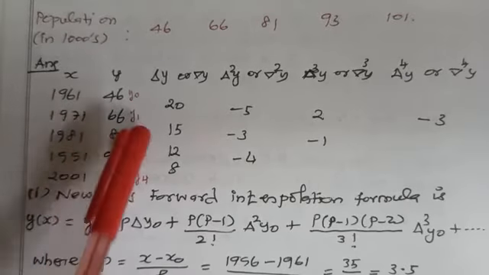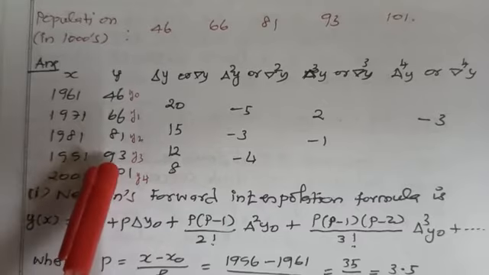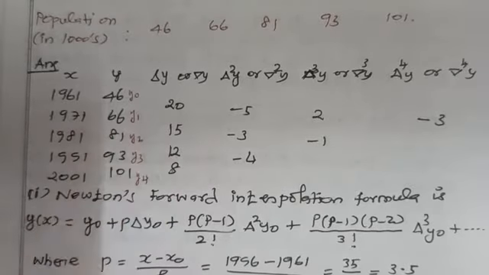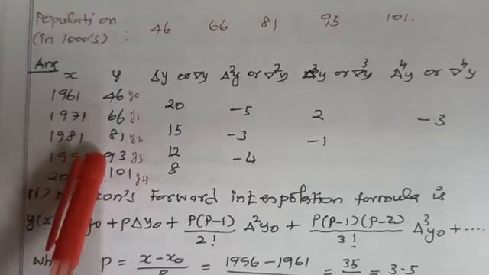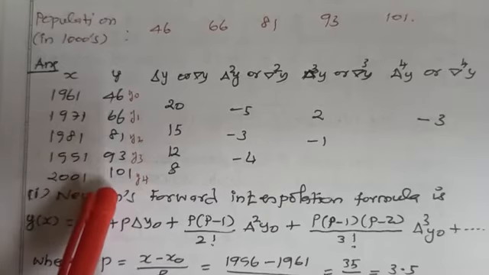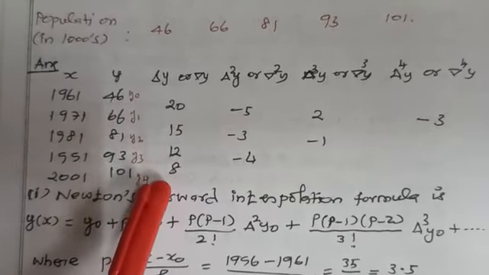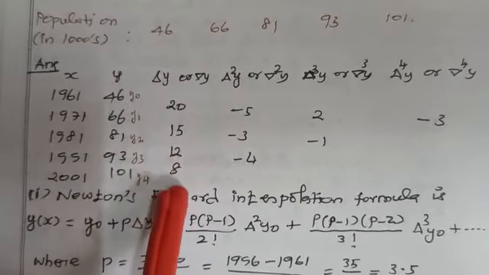The difference is 15. Next y3 minus y2: 93 minus 81. The difference is 12. Next y4 minus y3: 101 minus 93. The difference is 8.